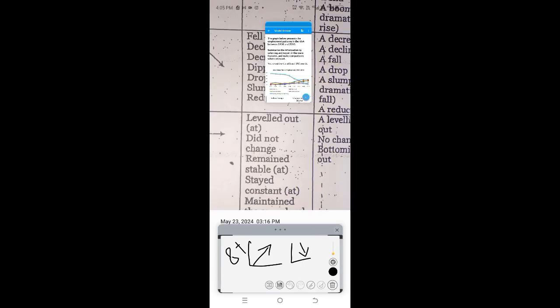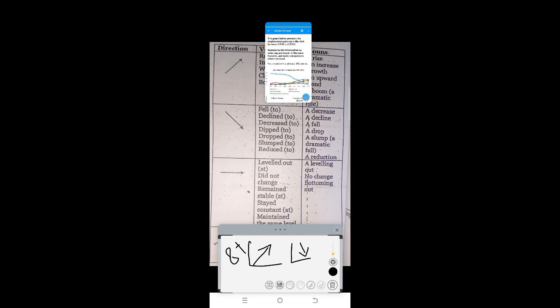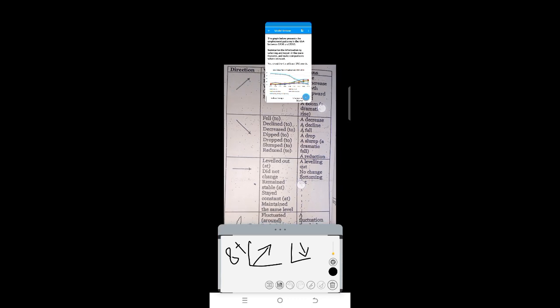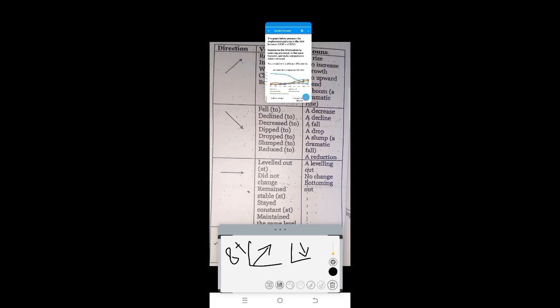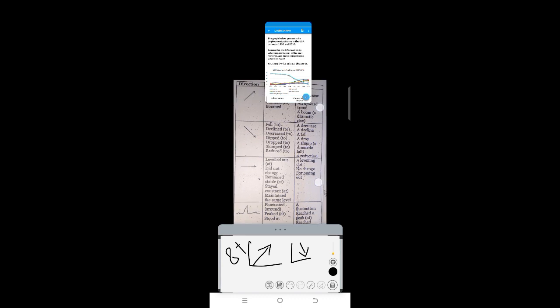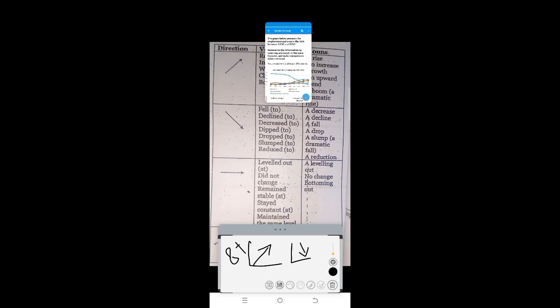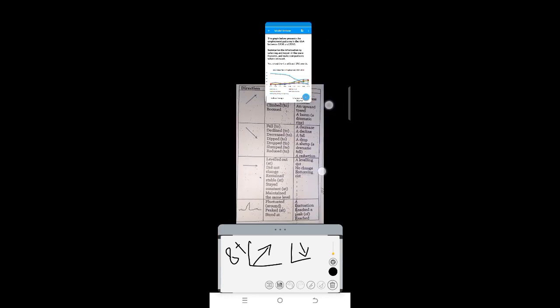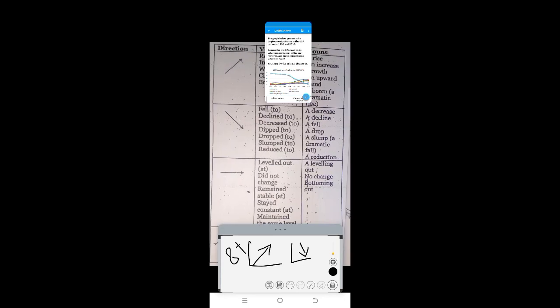In that case, we will be using words like leveled out, did not change, remained stable, stayed constant, maintained at the same level. Or you can also use the words a leveling out, no change, bottoming out. So these are the verbs and nouns for a stable value.